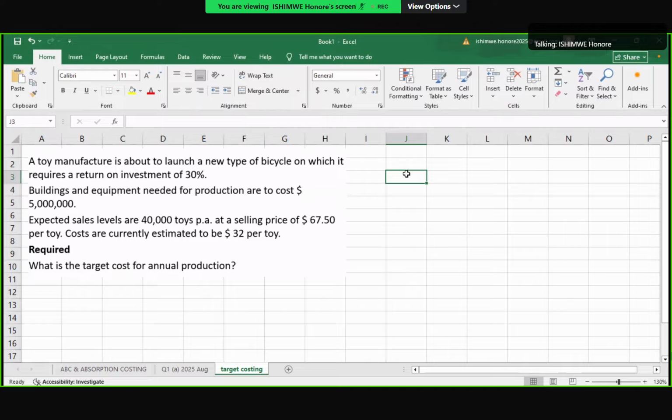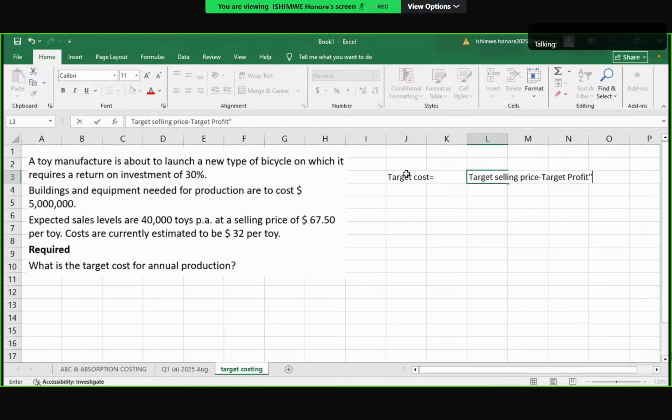What you should keep in mind is this: target cost is selling price minus target profit.